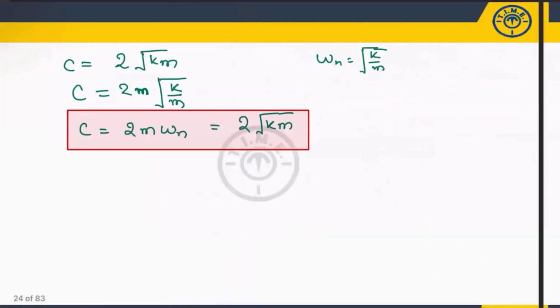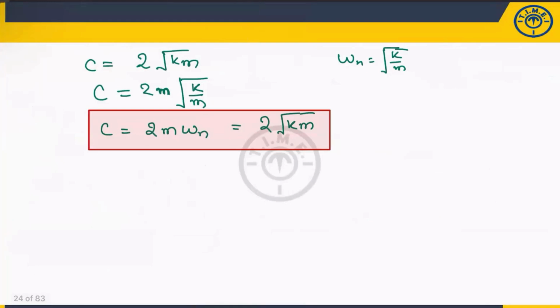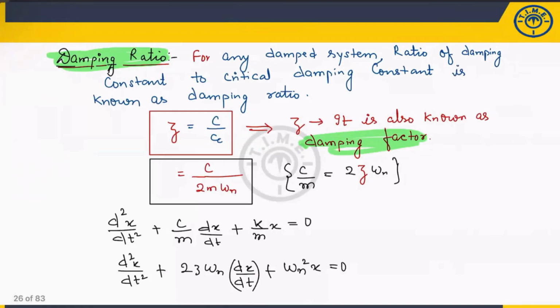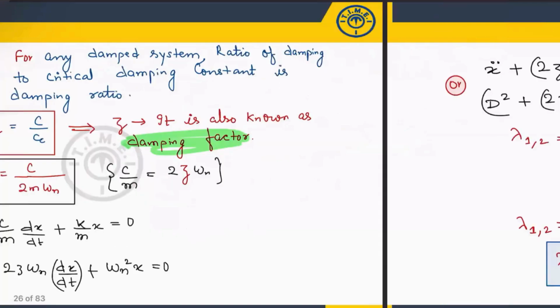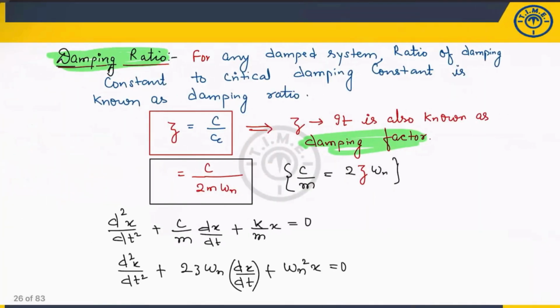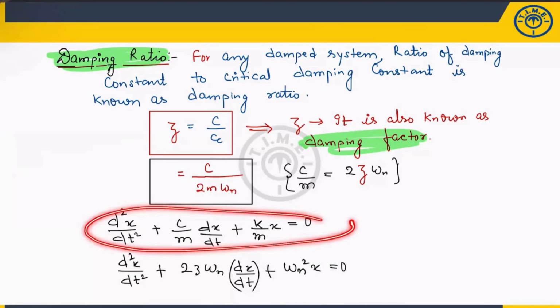Now, if I write C by Cc, what is this Cc? 2m into omega n, you already know. So can I write C by m is equal to 2 zeta omega n? This is the differential equation which I discussed previously.